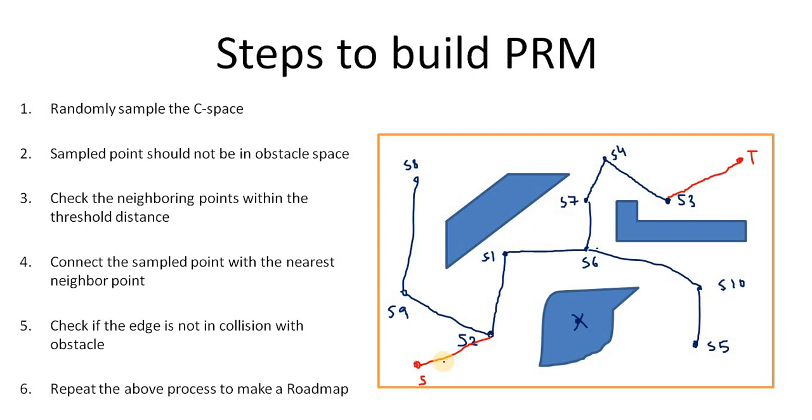And then now we have a graph, and in this graph we can use any graph search algorithm, for example breadth-first search, Dijkstra's algorithm, or A-star algorithm, to find the shortest path in this graph which leads us to the target. Okay, so this is how the PRM method works for path planning.